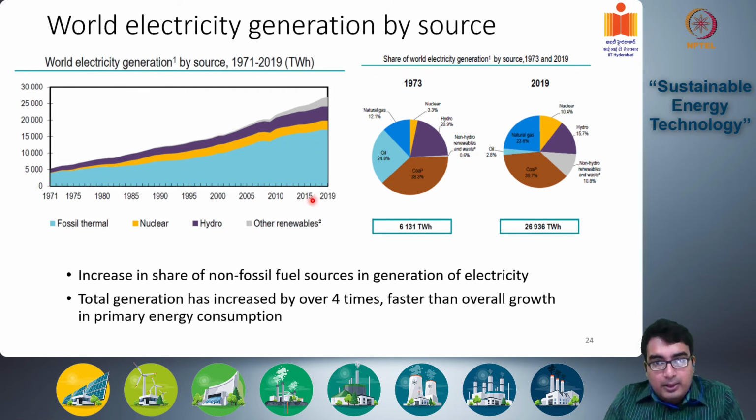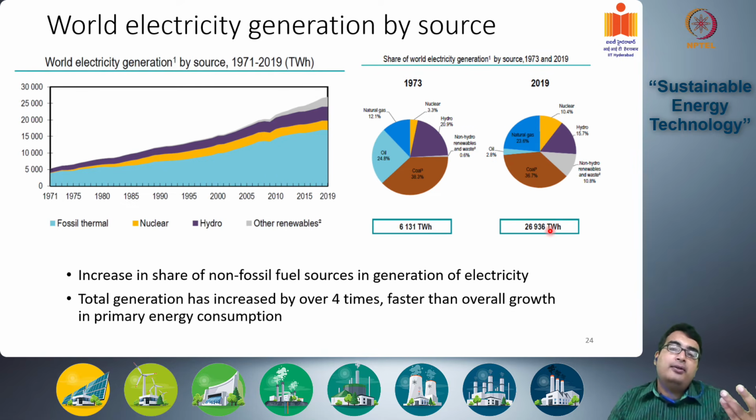You can see this blue is basically the entire fossil thermal. So coal, oil, natural gas, all of that together is the contribution from fossil fuel based electricity generation. You see this has increased significantly, of course, because the total electricity being produced in the world has also increased significantly from around 6,000 terawatt hours to 26,000 terawatt hours.